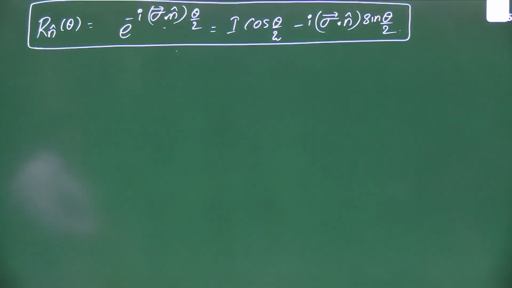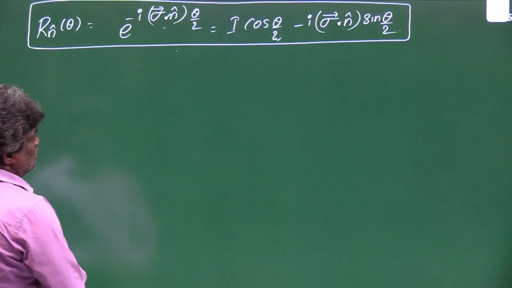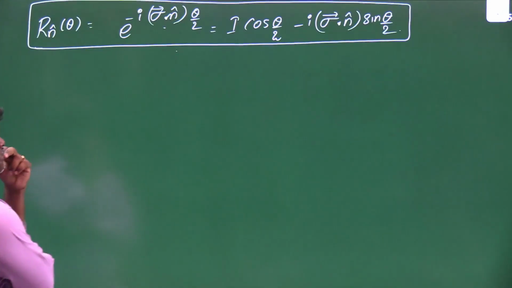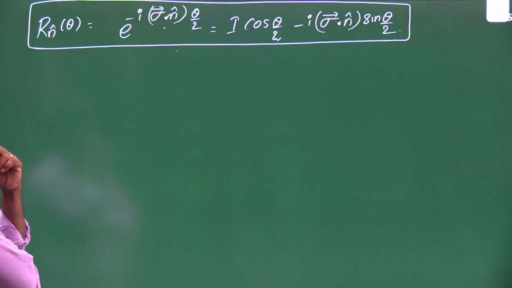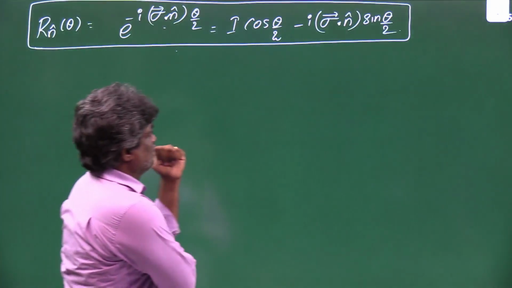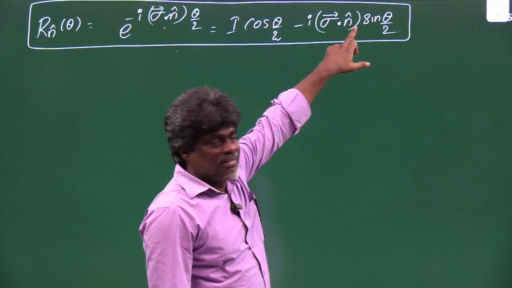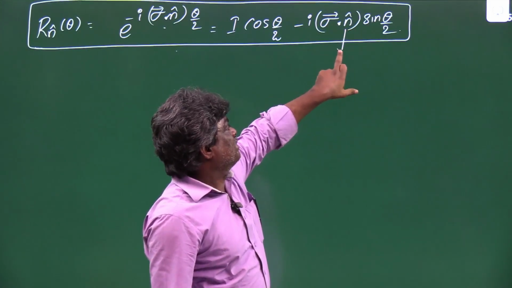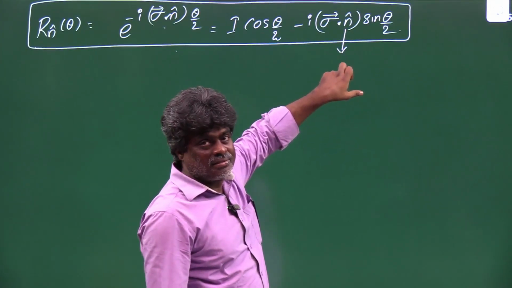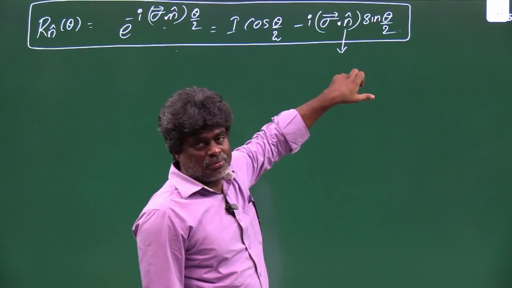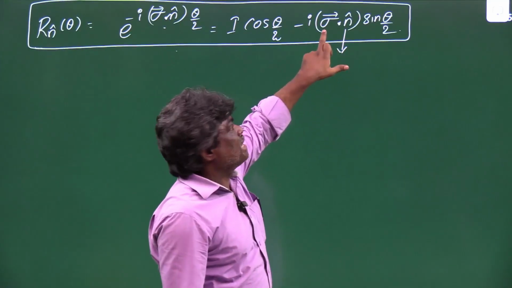Now from this, how to get x, y, z, let us see. If you want to get x, that means you are rotating about x axis. Then your n cap is what, sir? N cap is x cap, and x cap is 1, 0, 0. Then sigma is what, sir?